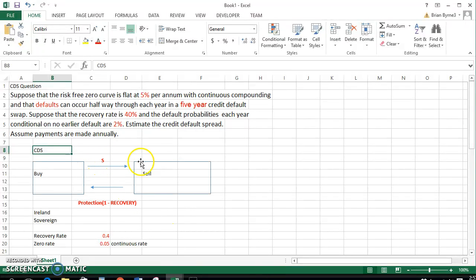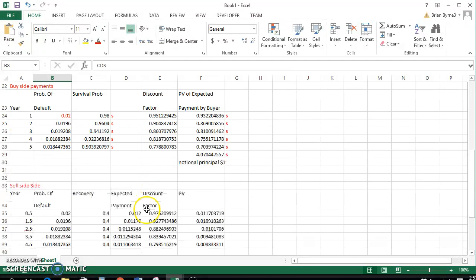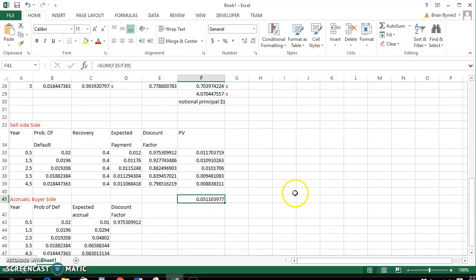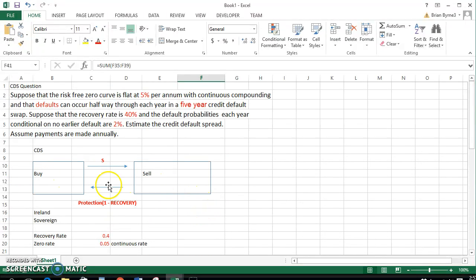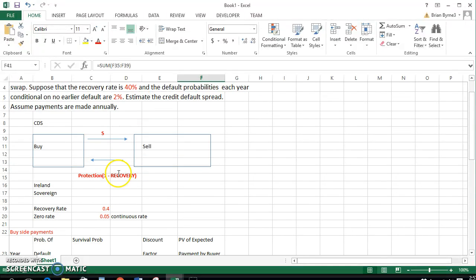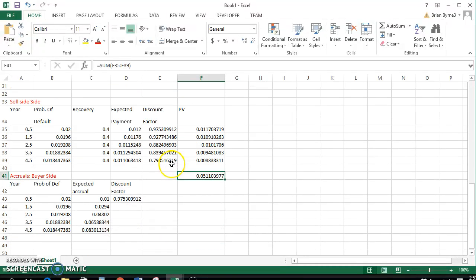So if you commit to pay 5S, and you're receiving an amount equivalent to, in theory, 0.05 of the 1, that's the value of the protection, then S should reflect the value embedded from the sell side. So these amounts are equivalent.